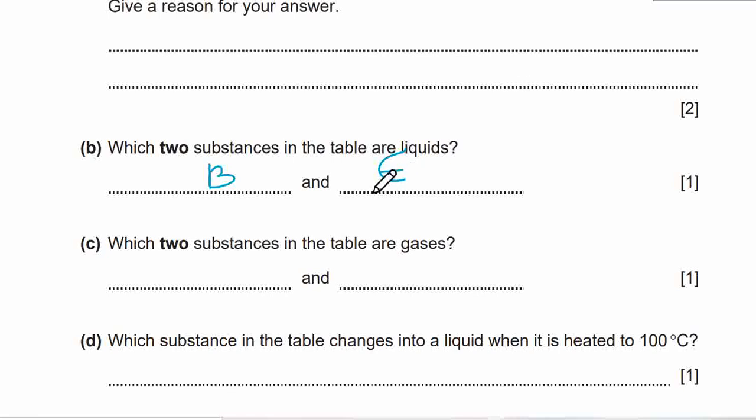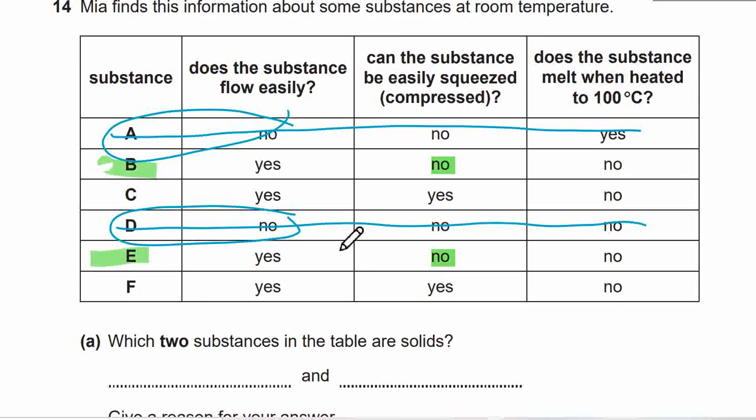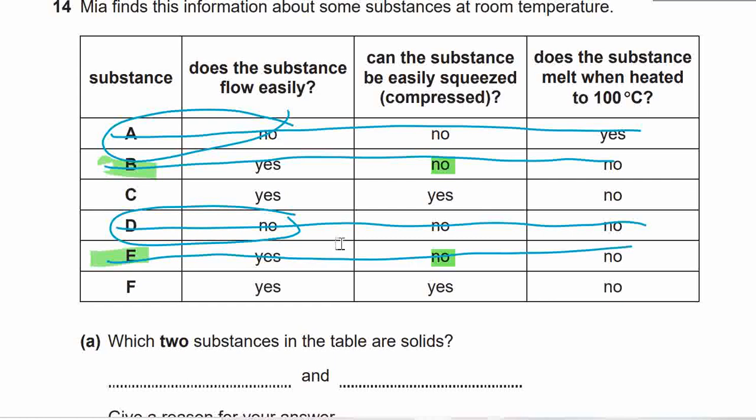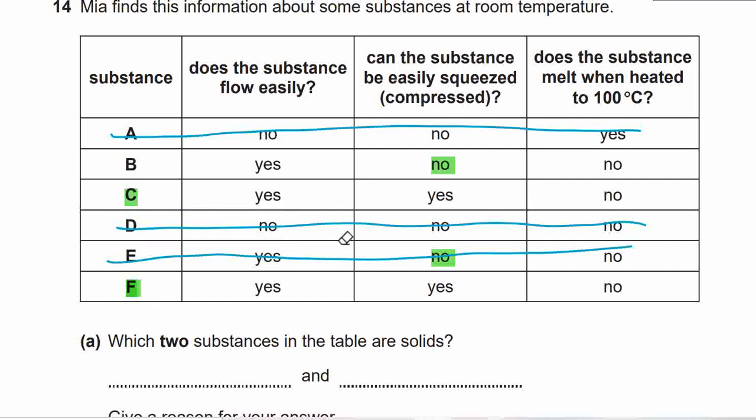Now the next question, which two substances in the table are gases? Since we have chosen these, what is left is C and F. So C and F will be gas, because gas can flow easily and gas can be compressed.